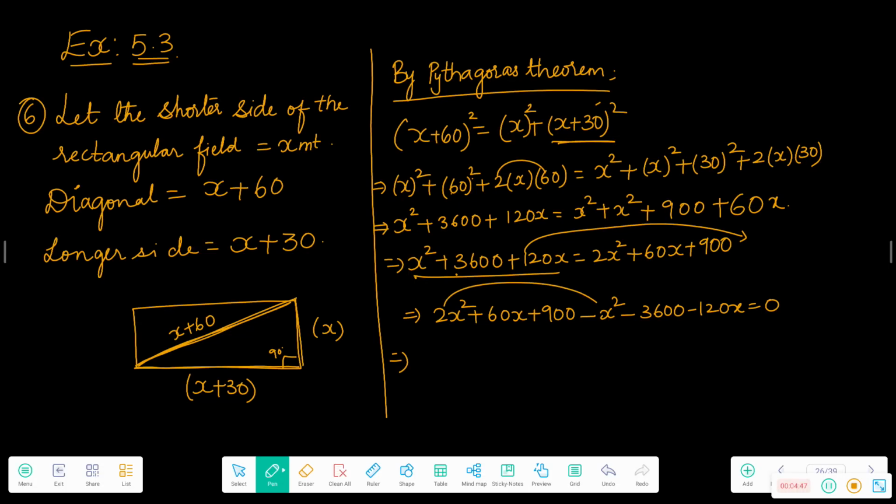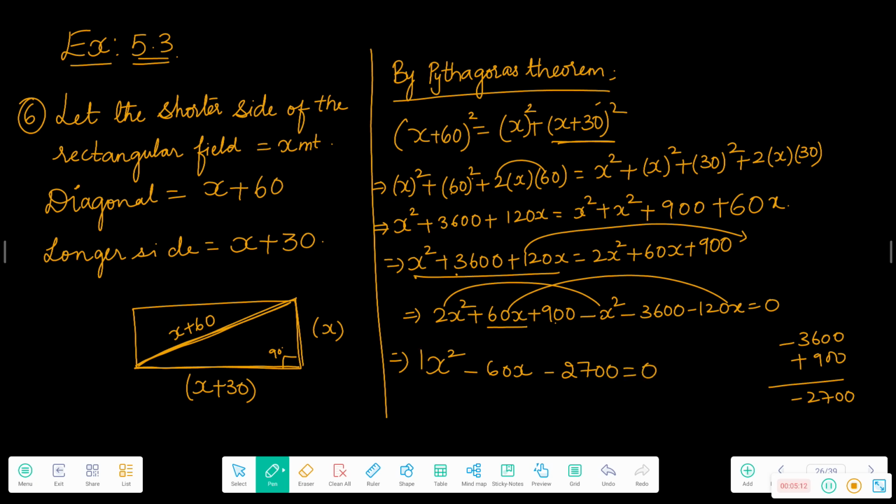So 2x square minus x square is x square. 60x minus 120x is minus 60x. 900 minus 3600 is minus 2700. So x square minus 60x minus 2700 is equal to 0.